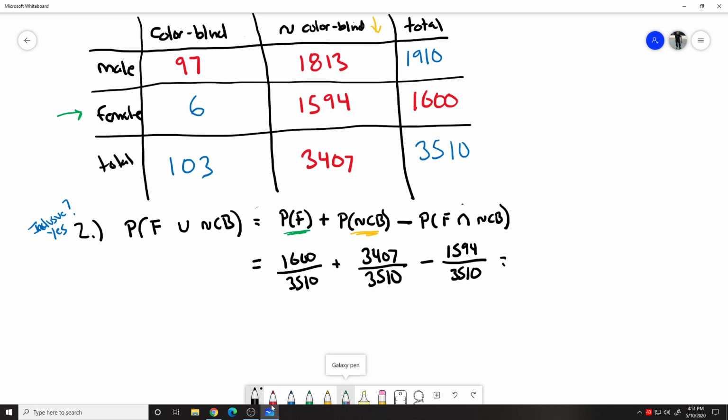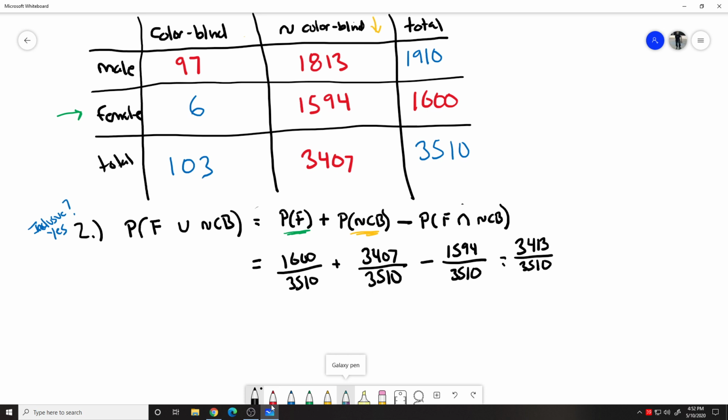Just take your calculator, because you'll always have the same denominator in all these questions, and add your numerators. So 1,600 plus 3,407 minus 1,594 equals a grand total of 3,413 out of 3,510. That's going to be a really high percentage.